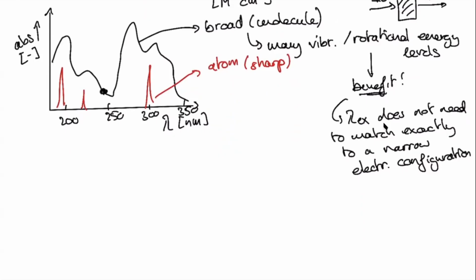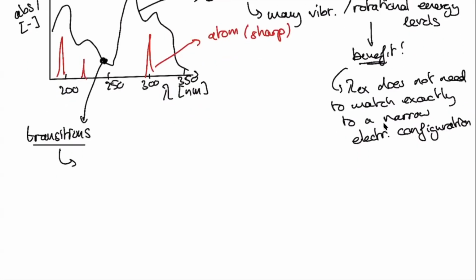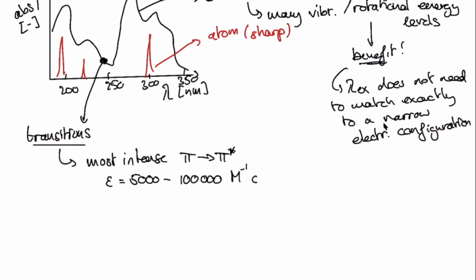So if we look at some of these transitions, the most intense ones are pi to pi star transitions that have an absorption coefficient of about 5,000 to 100,000 per molar per centimeter.